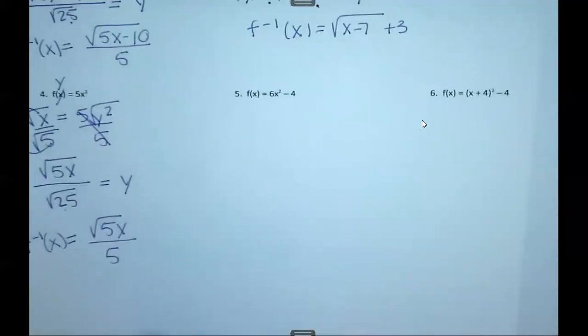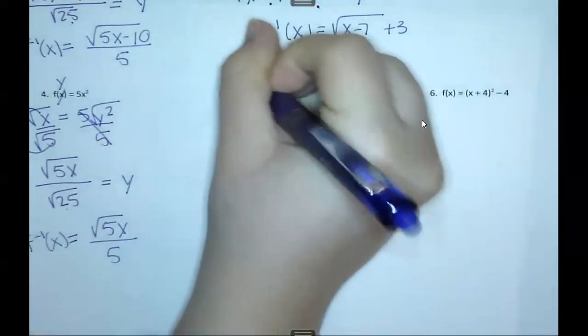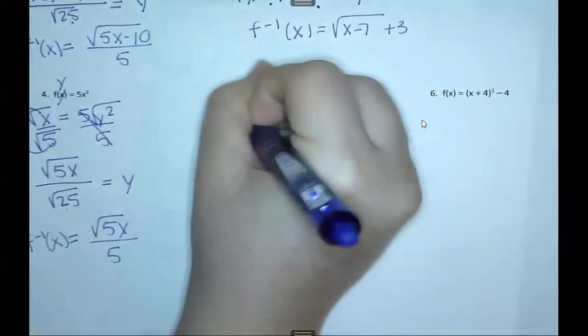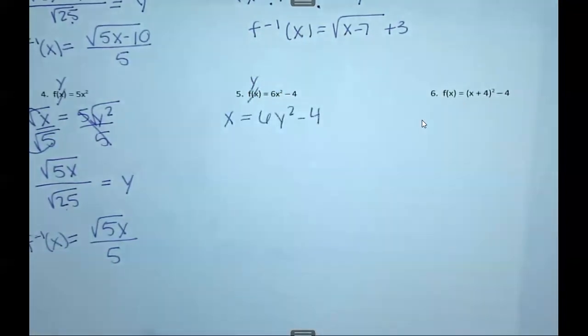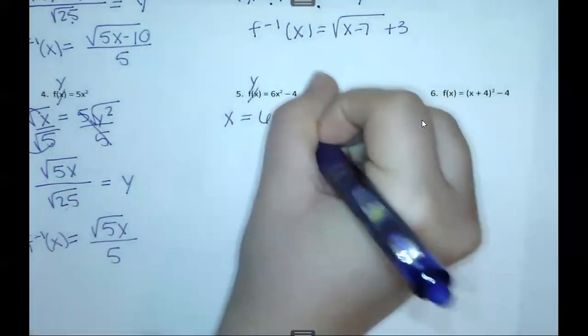All right, number 5. So first I change this into a y and I switch my x and y. And now I need to get y by itself. So my first step is to add 4 to both sides.